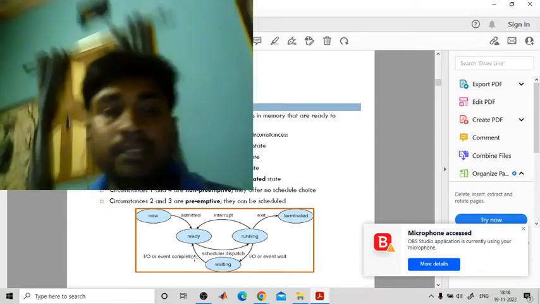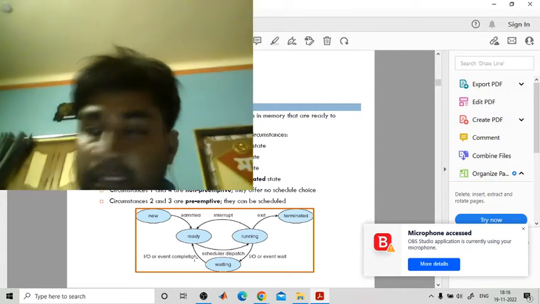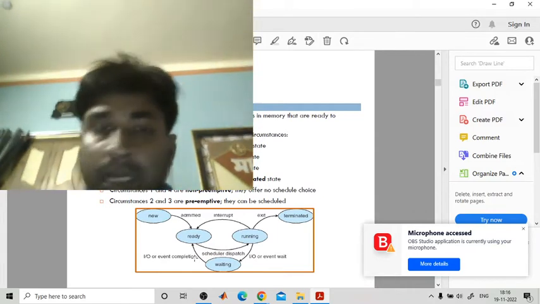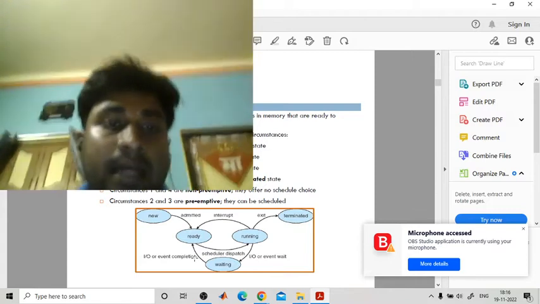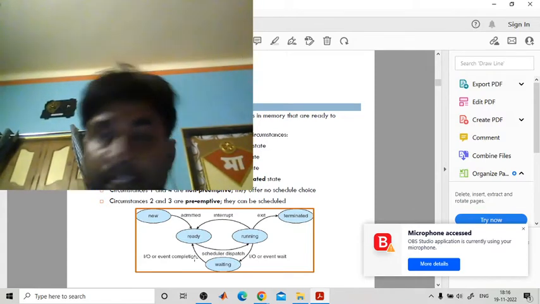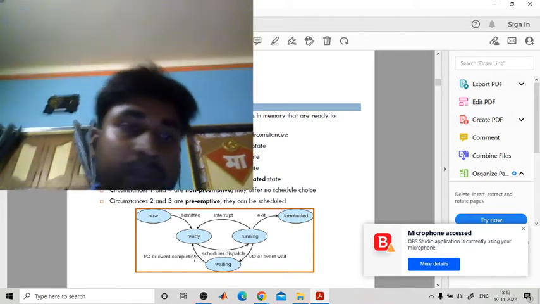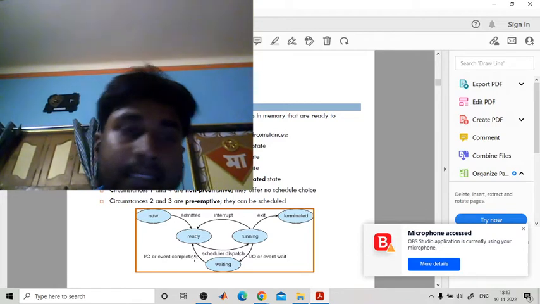The memory contains the processes, and when a process is given to the CPU, the CPU will execute the processes one by one.